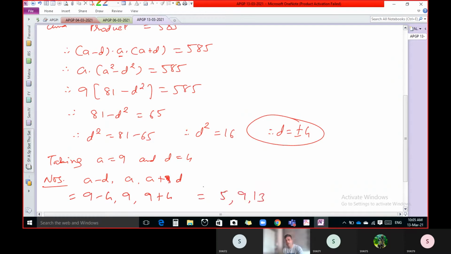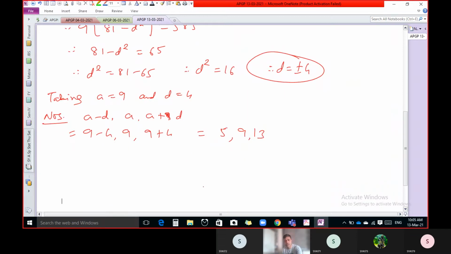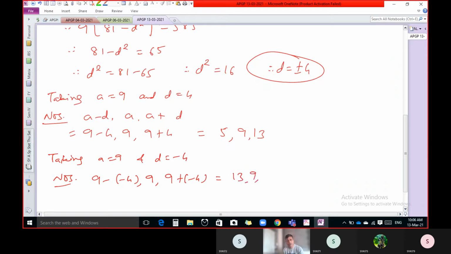And if we take d equal to minus 4, we get the same numbers in reverse order. Taking a equal to 9 and d equal to minus 4, the numbers are 9 minus minus 4, then 9, 9 plus minus 4, ultimately we get 13, 9, 5.